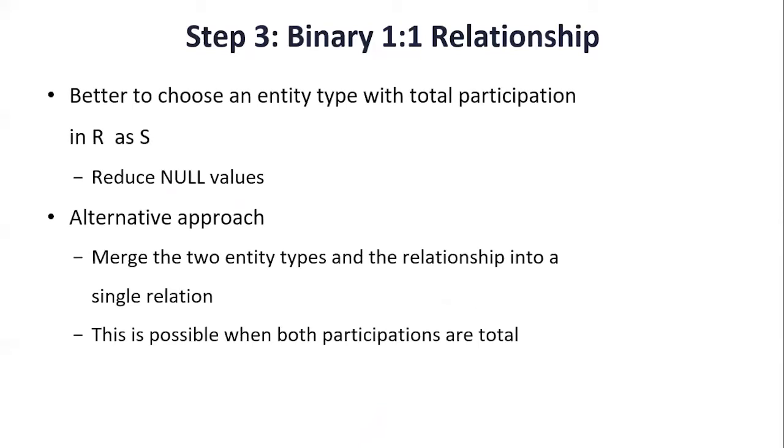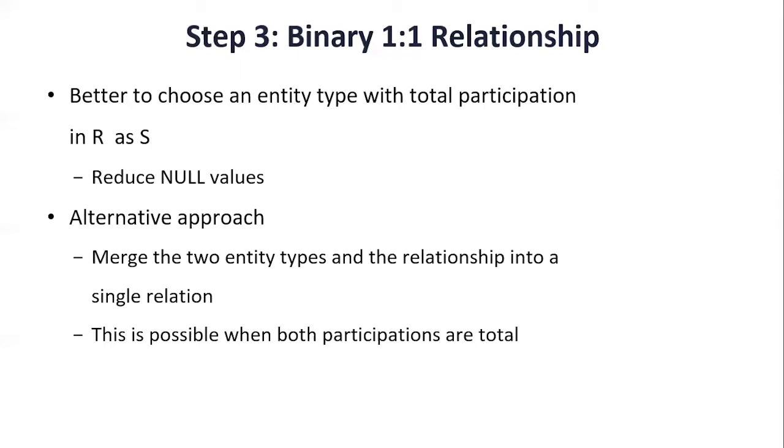And when we choose this S and T, better to choose an entity type with total participation in R as S. So as we said, we can either include T's primary key in S, or we can include S's primary key in T as a foreign key.